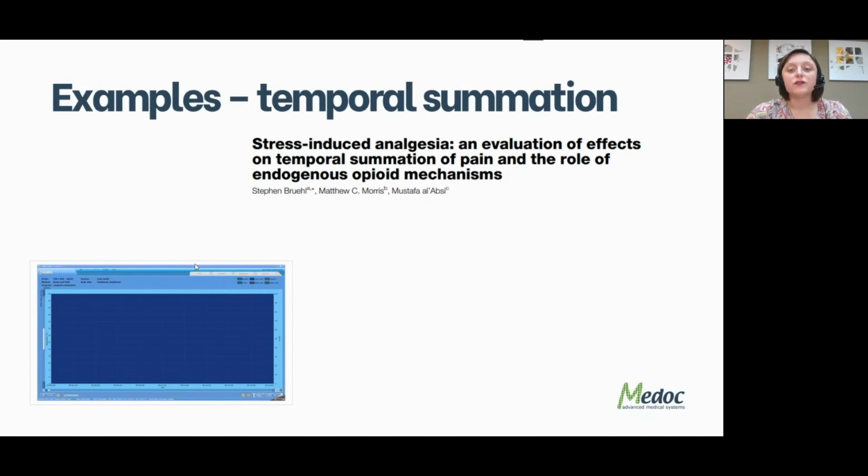And there are some facilitating mechanisms that cause the pain rating to go up, even though the stimulation intensity stayed the same. So this protocol was performed with the old TSA, and I just built it in our software and applied it with the TSA2 Air, and this is the result.